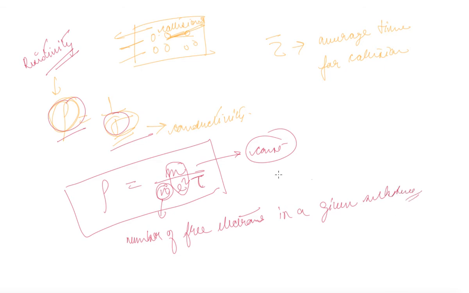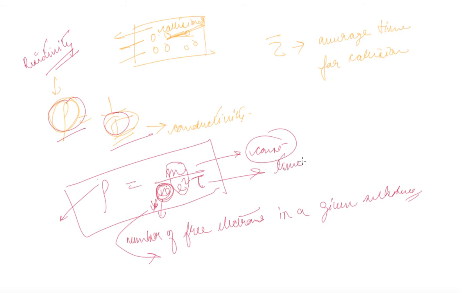So what we know is, the number of free electrons in a given substance is constant. No matter if you increase the temperature or you decrease the temperature, the number of free electrons of the substance is constant. So you can see that the more number of free electrons, the less the resistivity becomes. Also, this is T. This is the average time period for collisions.